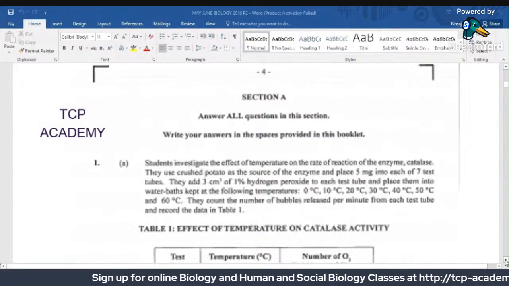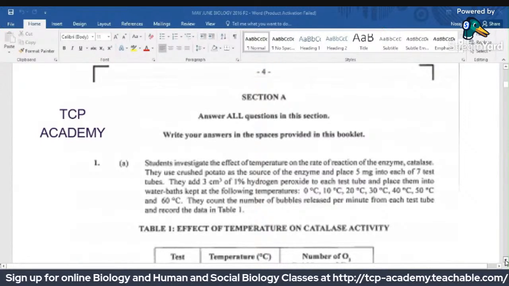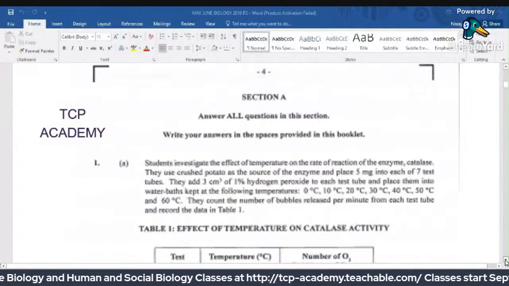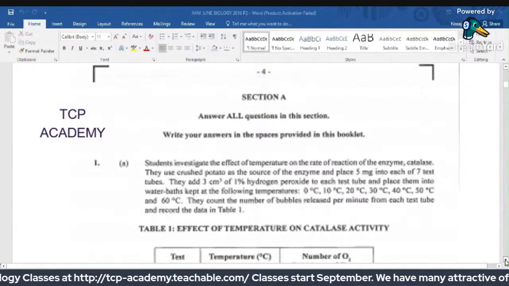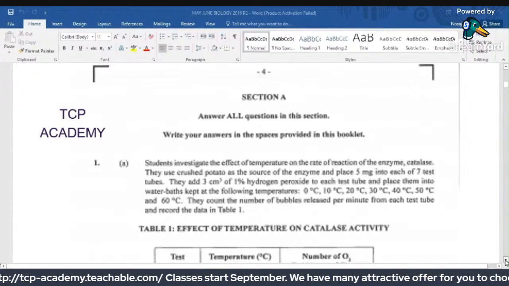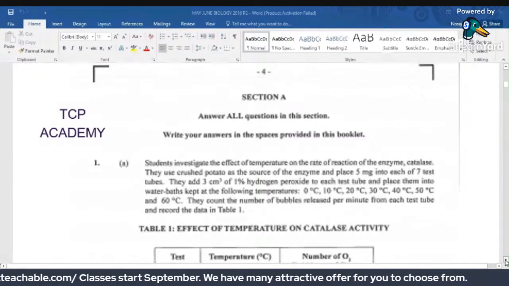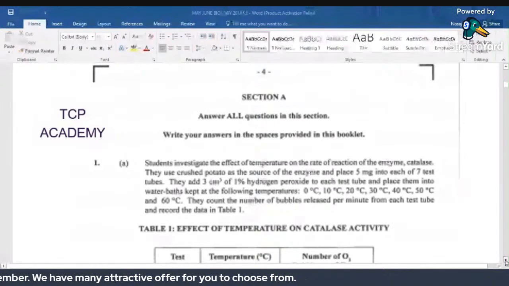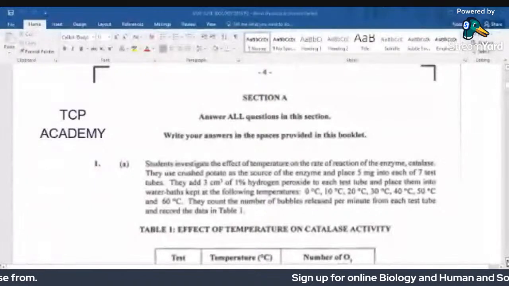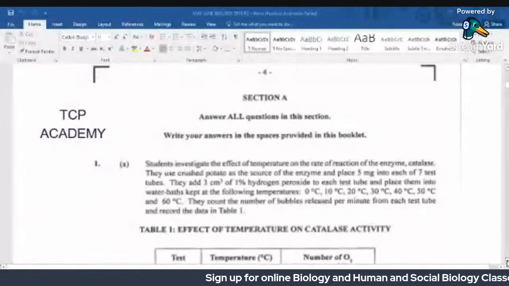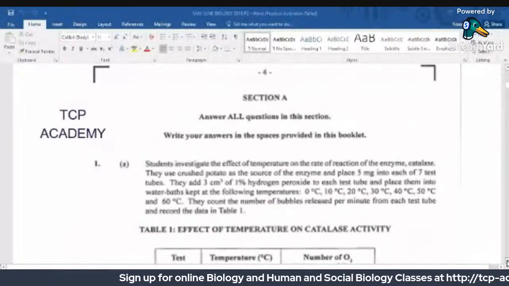Now here you'll realize that in the first sentence you can find the aim for this experiment. They use crushed potato as a source of enzyme and place 5 milligrams into each of 7 test tubes. Here you'll realize that, of course, potato has protein if it contains enzymes.